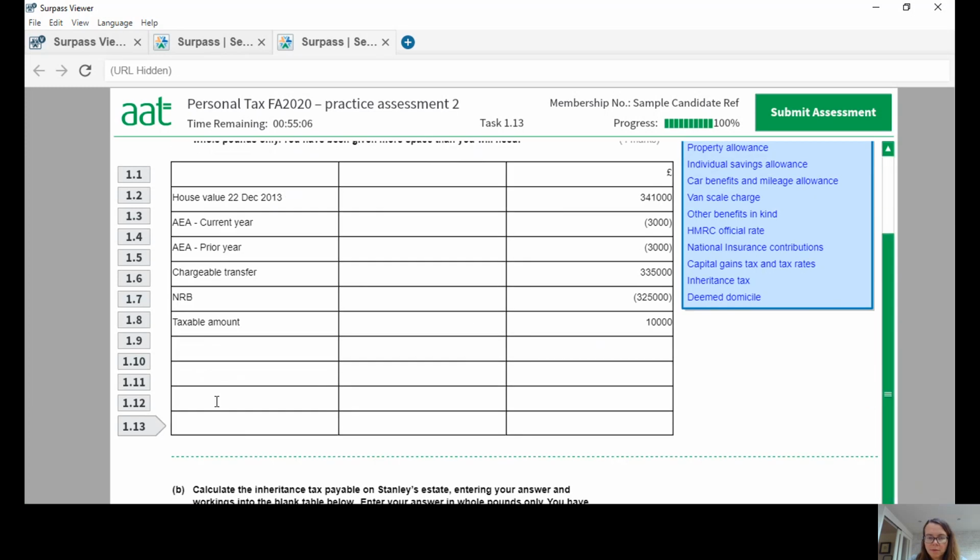Right, so I'm then going to work out the tax on that. So tax on death is going to be the 10,000 times 40%, which is £4,000.